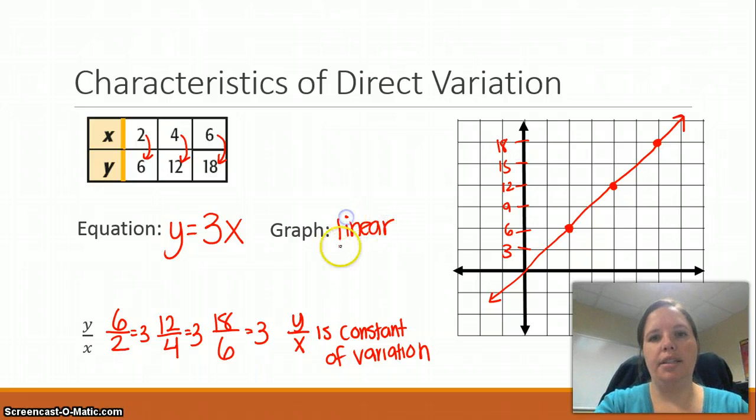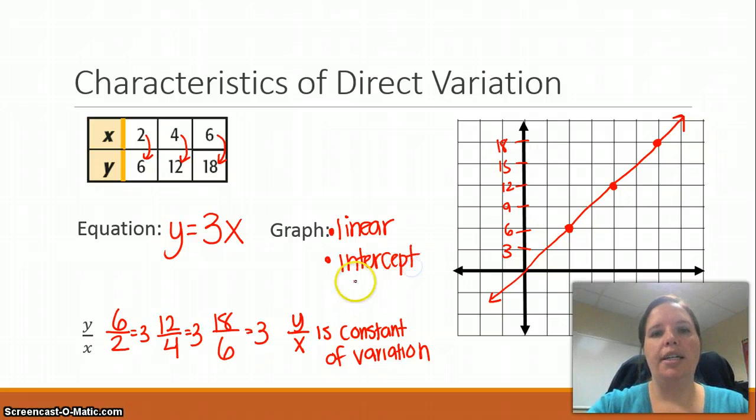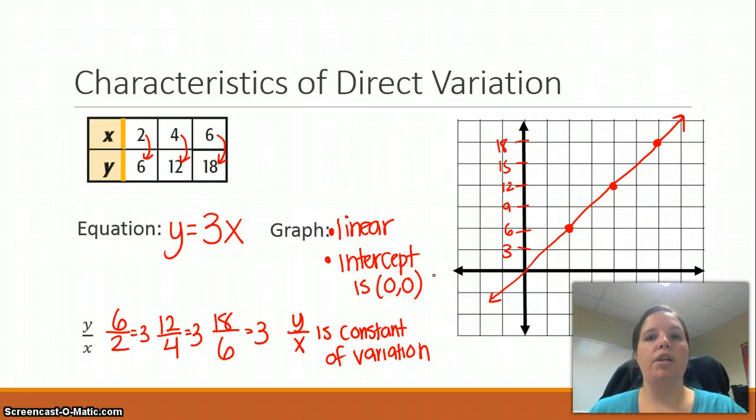One, it's linear, and two, take a look at the intercepts. X-intercept, Y-intercept, but we're going to focus mostly on the Y-intercept, which is 0, 0. So visually, a direct variation is always going to go through the origin, linear and 0, 0. These factors all together give you direct variation.